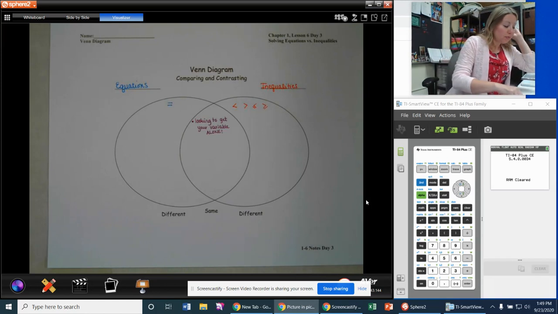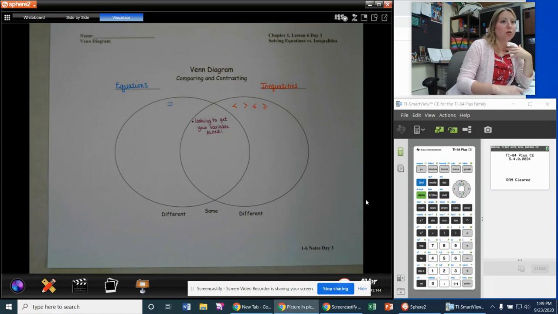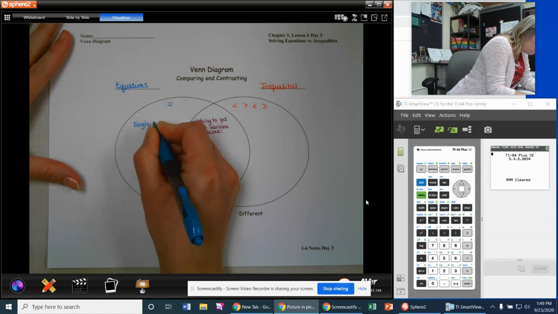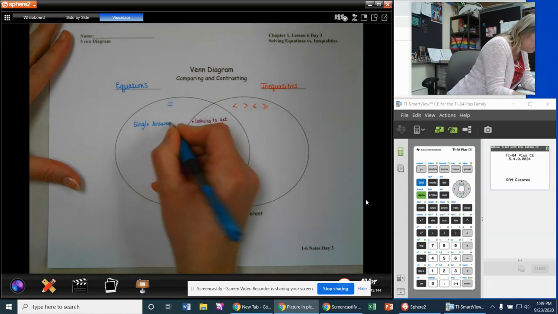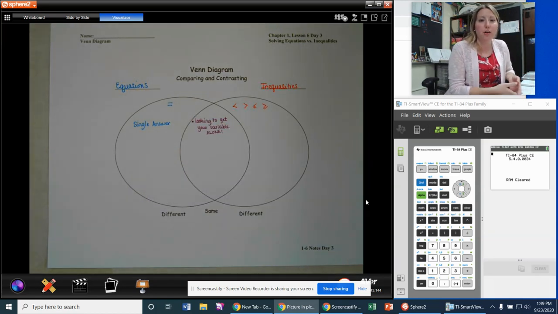Okay. For equations, you're going to get a single answer. So when you solve your linear equations for your variable, you get one single answer.